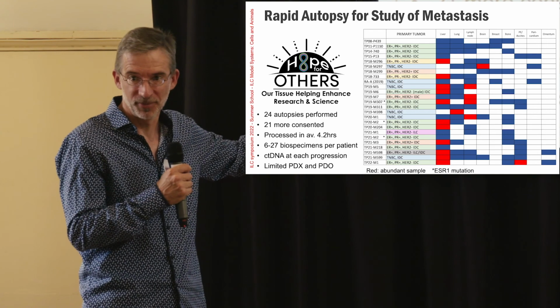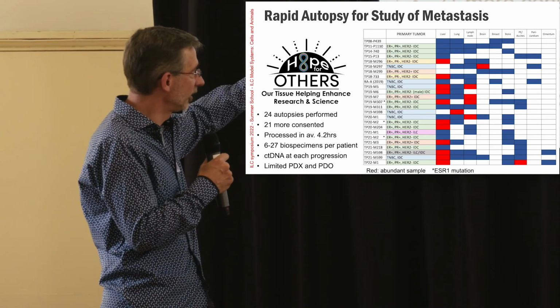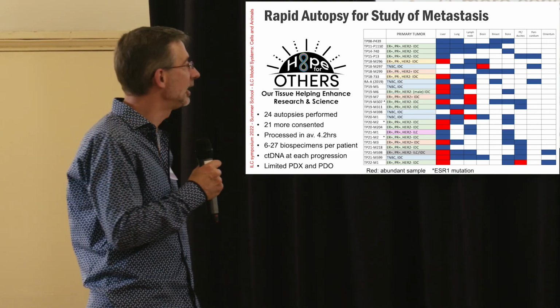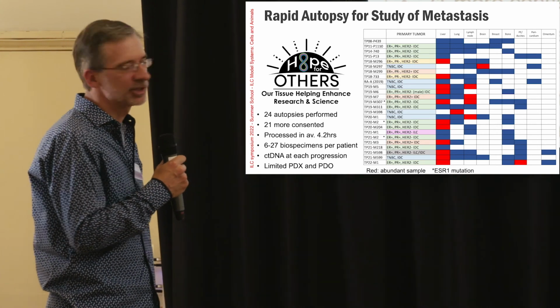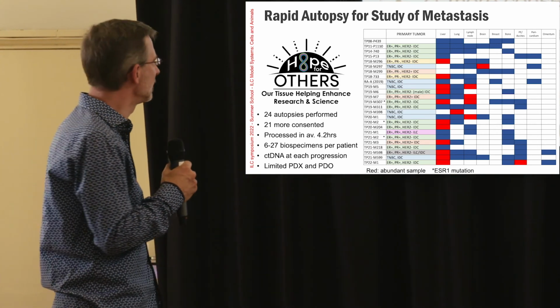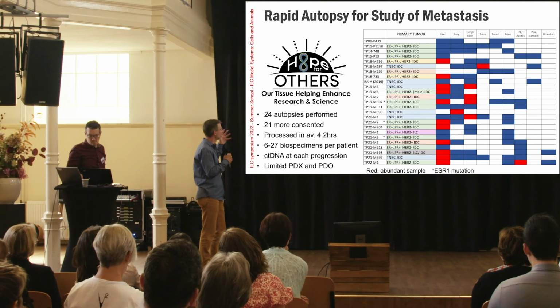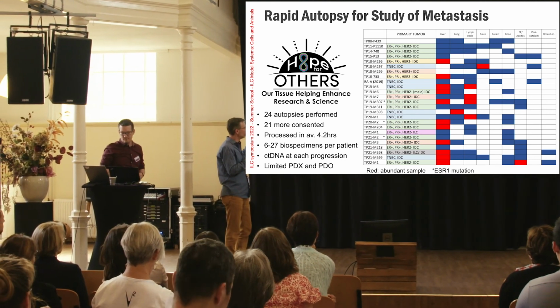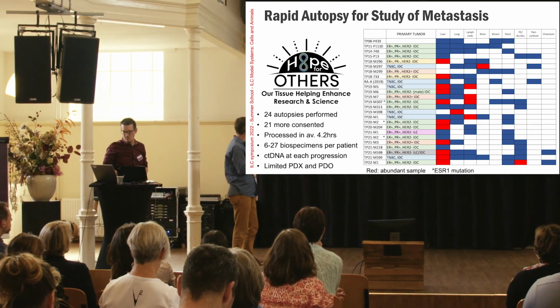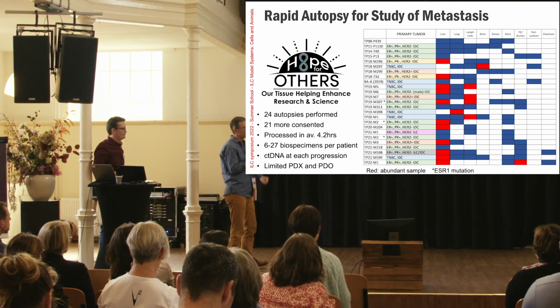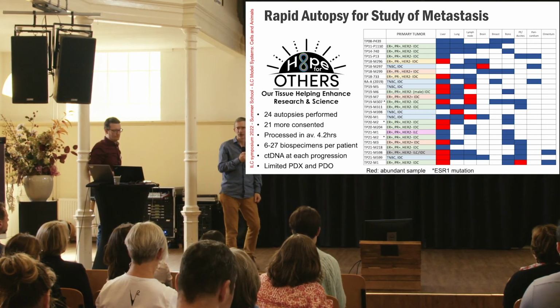Unfortunately, only two of them are ILC. One is an ILC and one is a mixed ILC IDC. We need to have better representation of that to try and understand the disease. But I think this is going to be invaluable for understanding the biology of the disease and then developing even better models to try and develop new therapeutics.